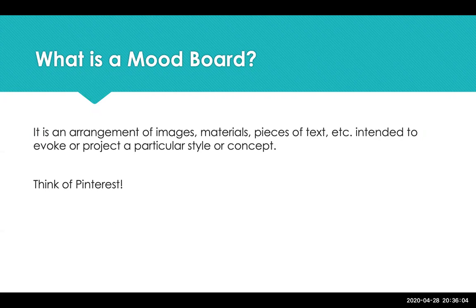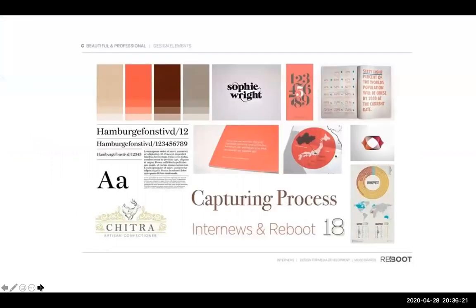But the key word to a mood board is the word mood, okay? And we're going to walk through this in detail tomorrow. The purpose of your mood board is to convey a feeling, okay?